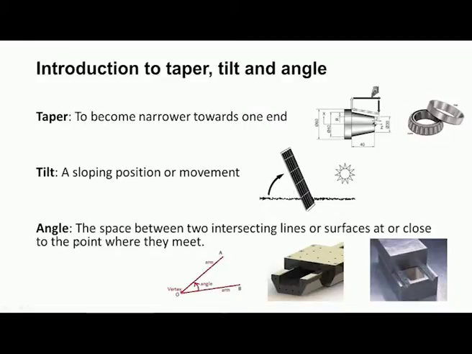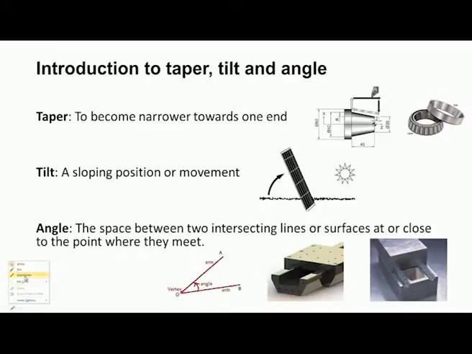And then we have the term angle. It is the space between two intersecting lines or surfaces at or close to the point where they meet. That means if you take the two lines OA and OB, these two lines are getting intersected at this point O. Now, this space is known as angle.